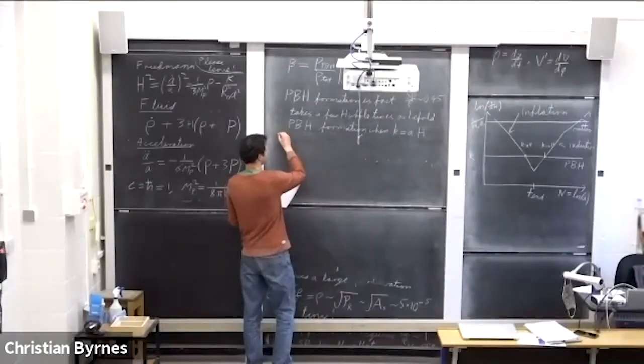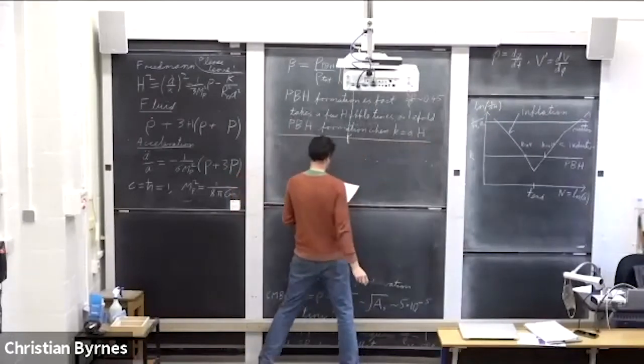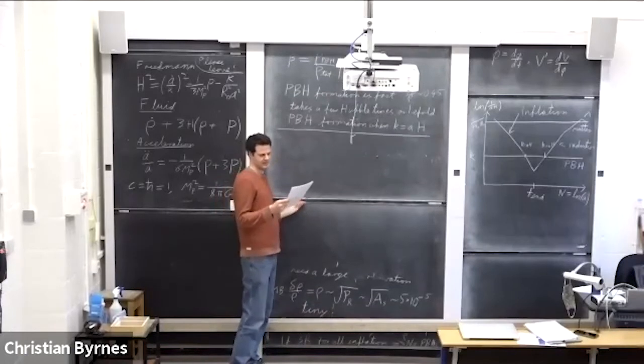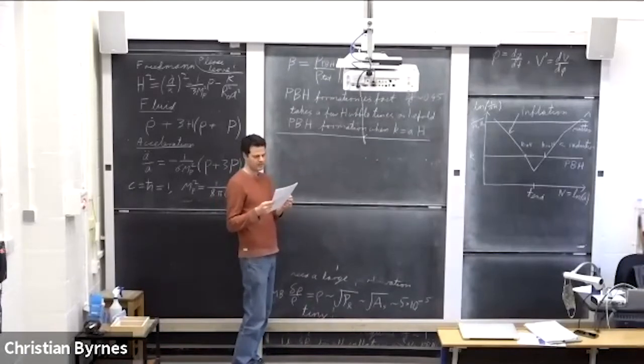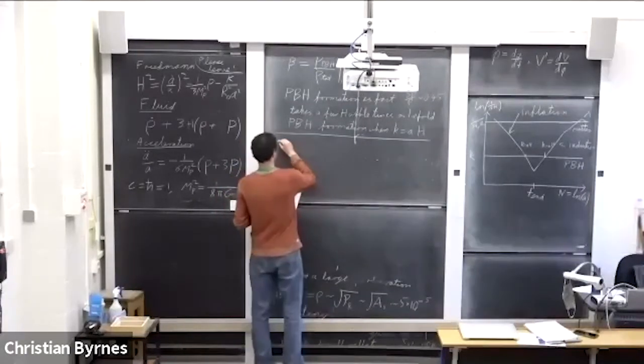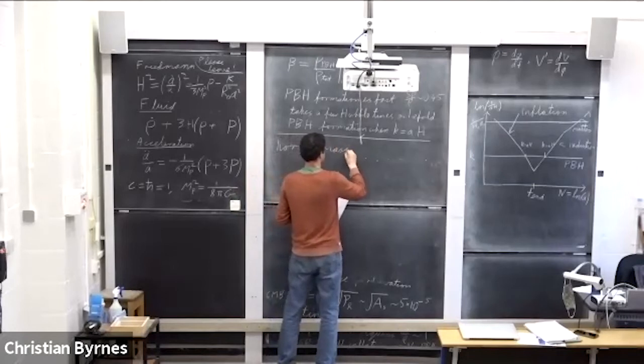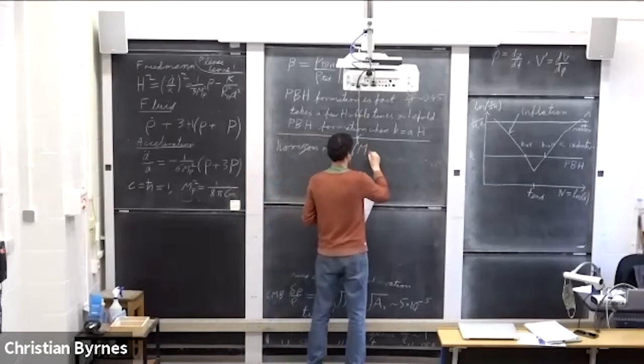Okay, so we're now going to try and estimate the horizon mass, which I've already told you is approximately the PBH mass, so MH.